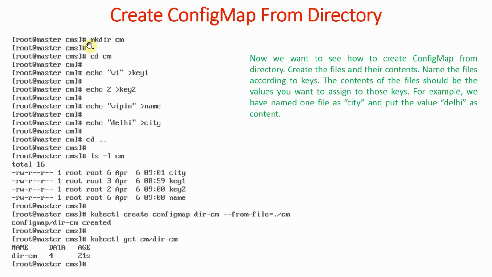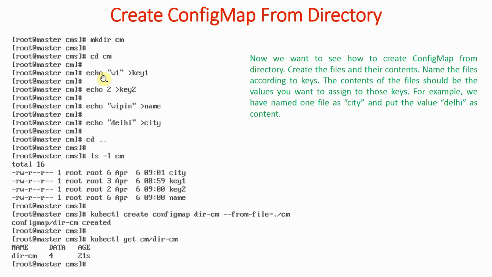Now let us see. So in CMS we are creating the directory one CM. We will go into CM, then we are going to echo v1 into key 1. That means we are putting the value v1 in key 1. So echo v2 into key 2, Vipin as the value in name, and Delhi as the value in city.